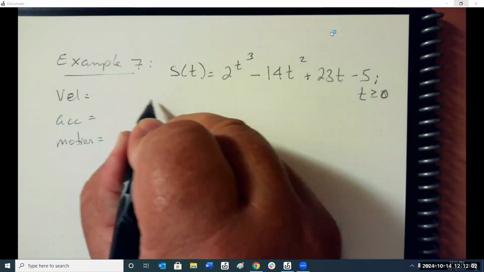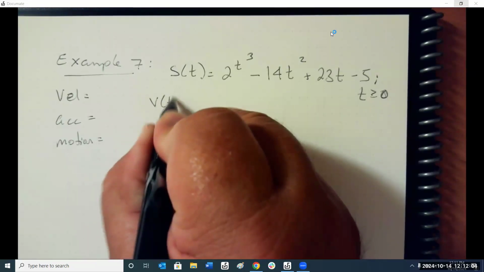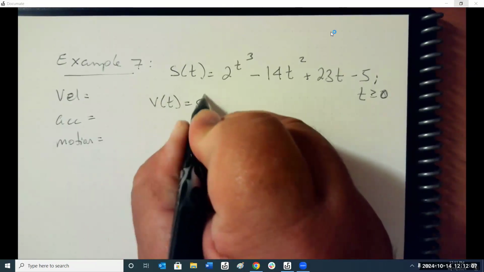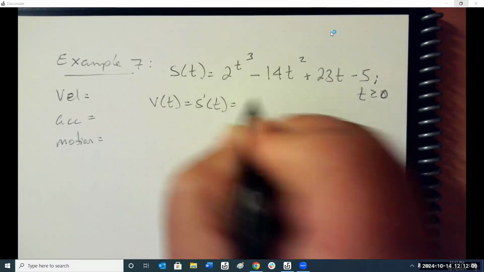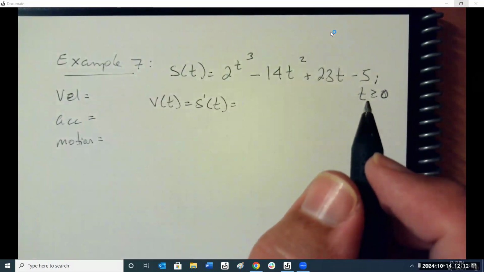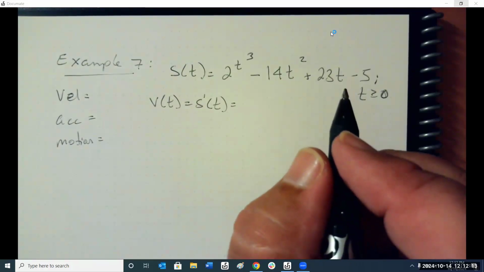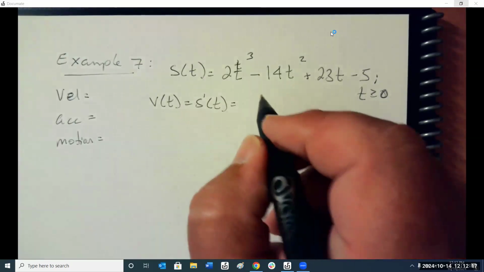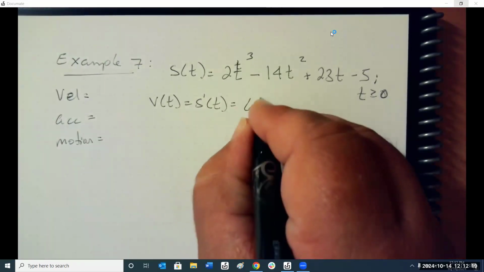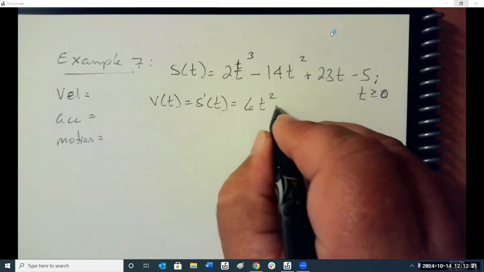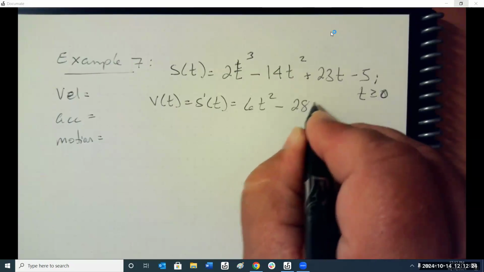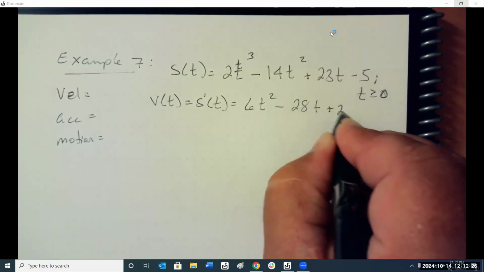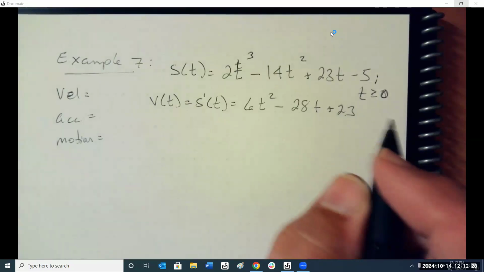So the velocity is simply the first derivative. From 2t cubed, it makes it 6t squared minus 28t plus 23.